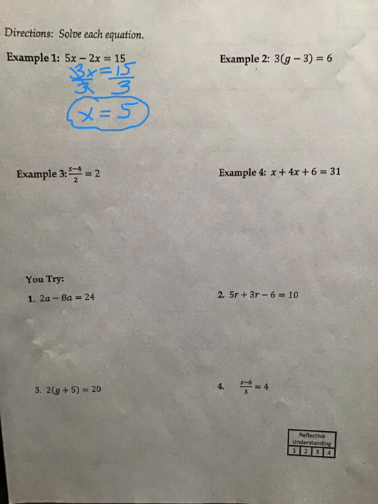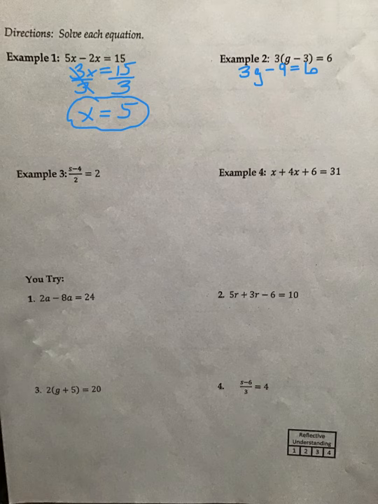If you look at example number 2, we're going to start with the distributive property. We're going to multiply everything in the parentheses by 3. So 3 times g is 3g minus 3 times 3 is 9 equals 6.